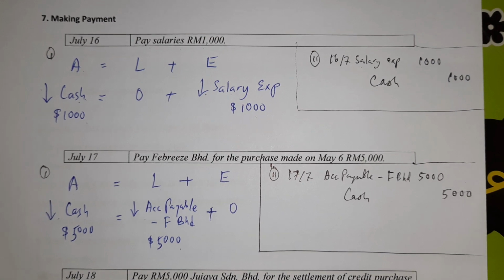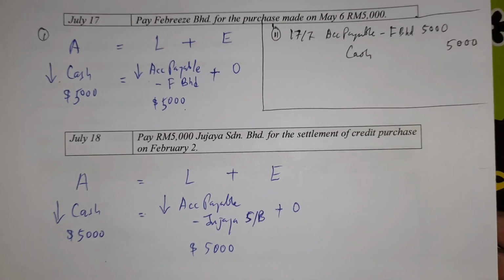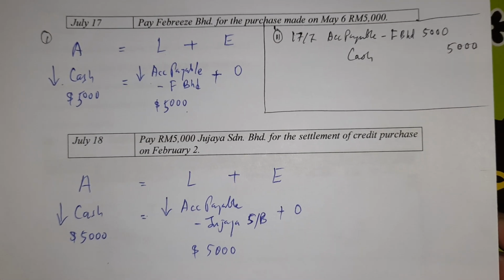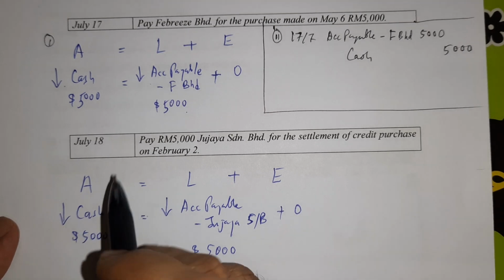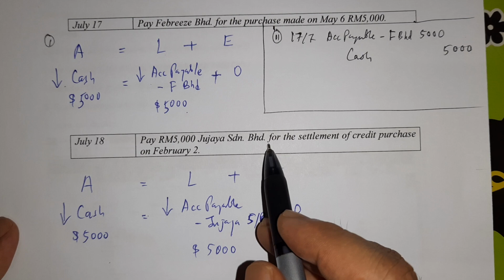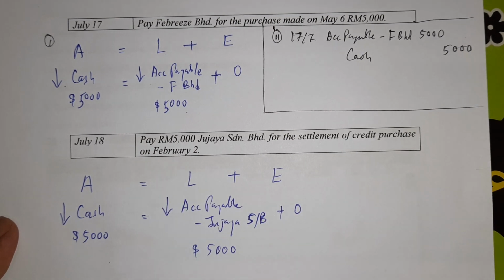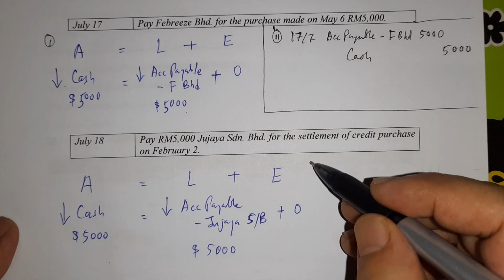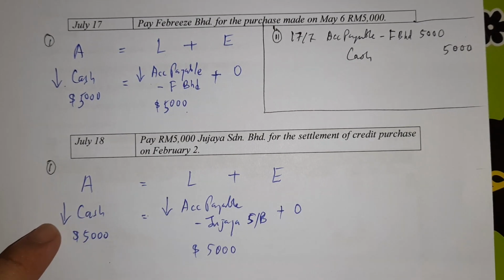And then you have the last transaction. Last transaction is this. Okay, on July 18, the business paid 5,000 to Juju Jaya Berhad for the settlement of credit purchase on February the 2nd. Okay, what happened? When the business pays, cash goes out. So asset cash decrease 5,000.